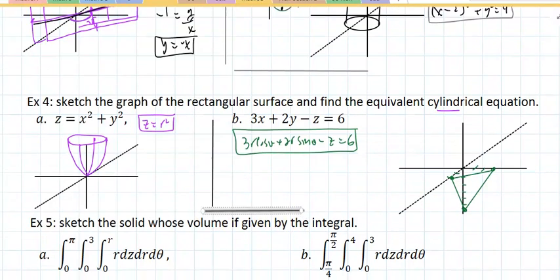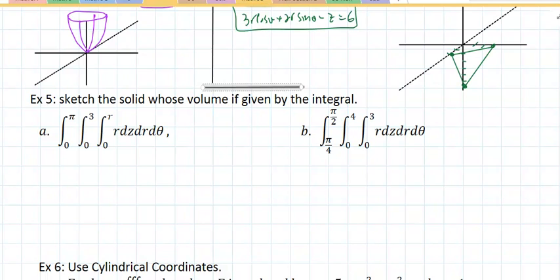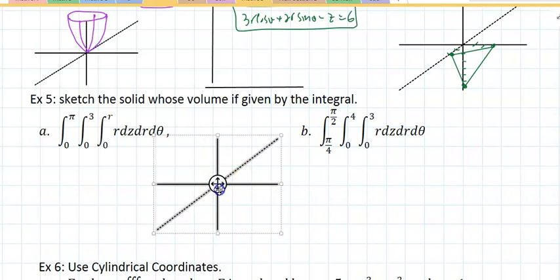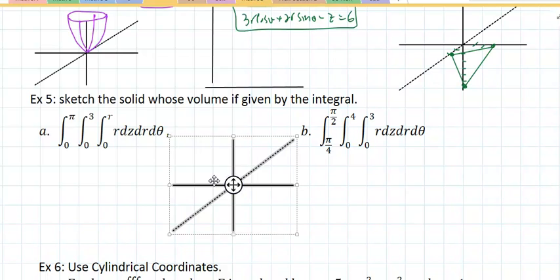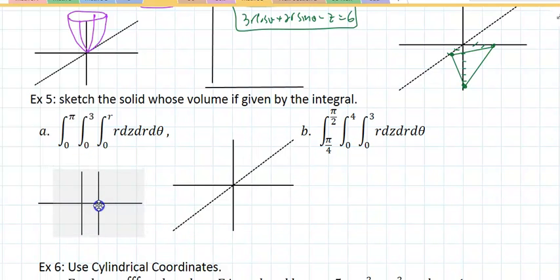Alright. And if I wanted to look at the next 3 problems, so let's see how this works. Triple integrals using cylindrical coordinates. So what this says, go for the 2D first. Get the r and the theta out of the way. If I say r runs from 0 to 3 and theta runs from 0 to pi, let's say this is 3. Theta runs from 0 to pi.